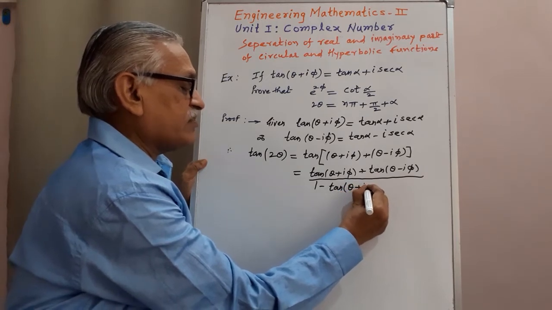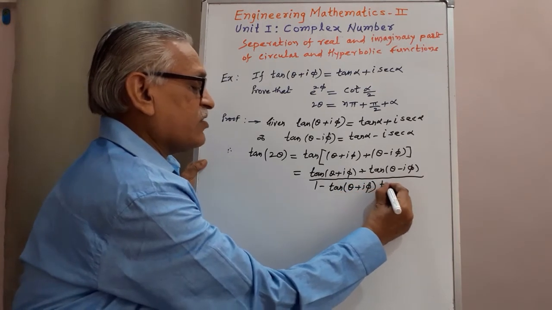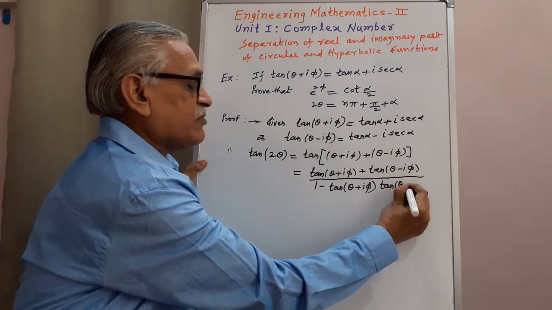Here A is theta plus i phi and B is theta minus i phi.